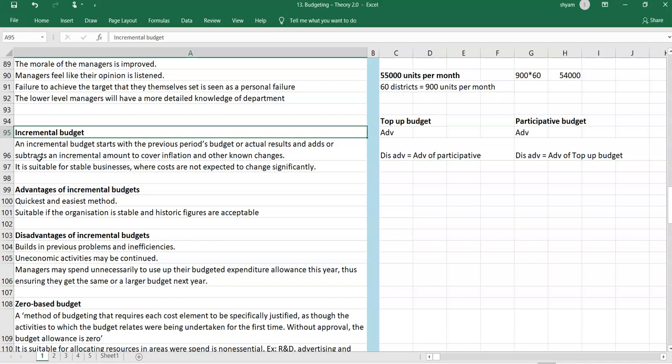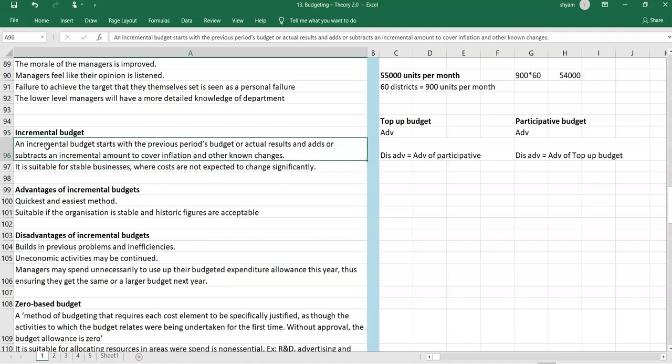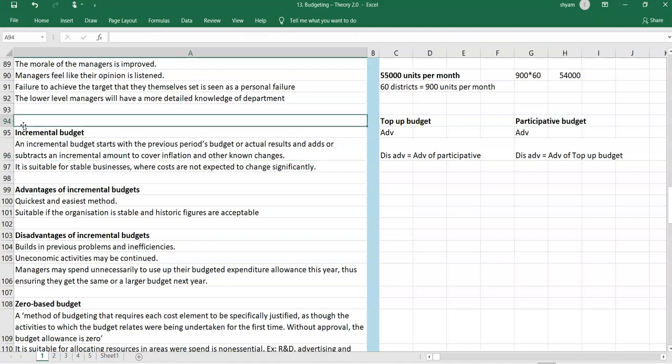So the next one is called the incremental budget. I think we can push a few lines down.